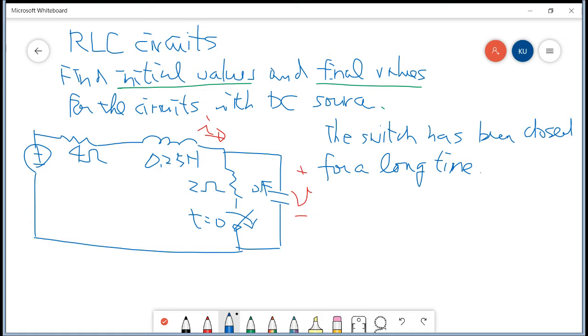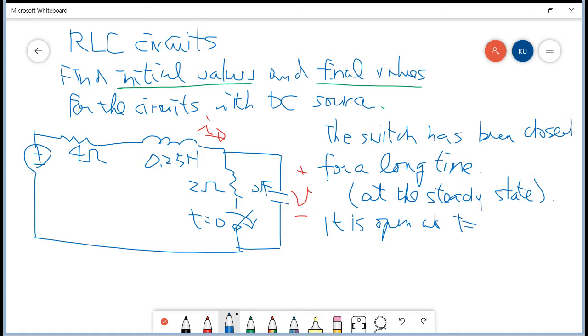This does not appear in the question, but for a long time means at the steady state. It is open at t equals 0.